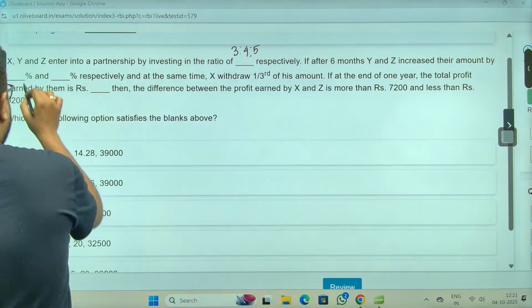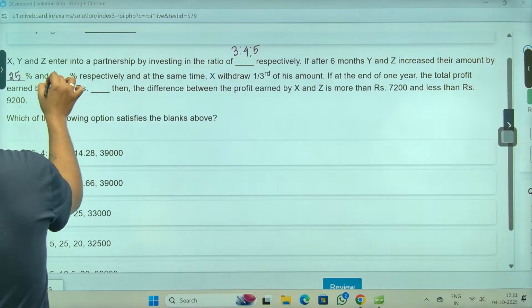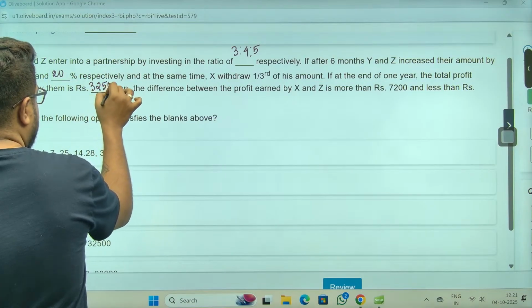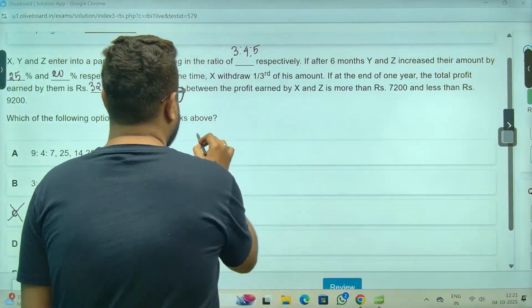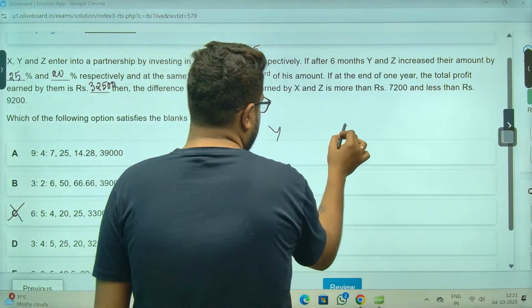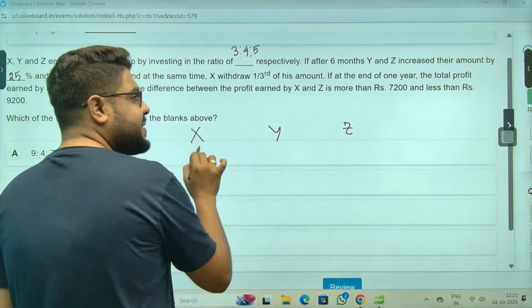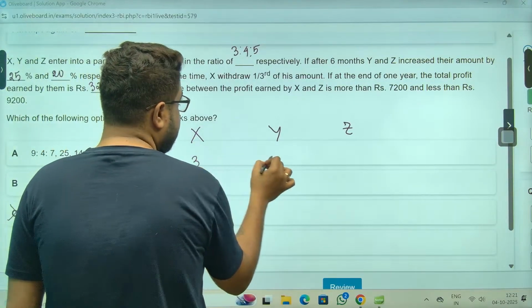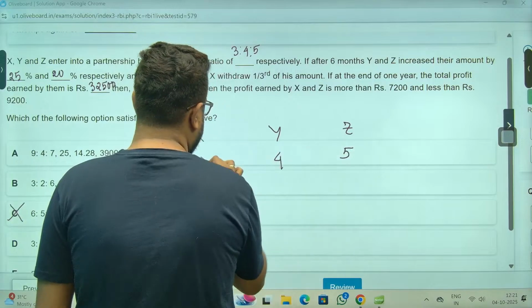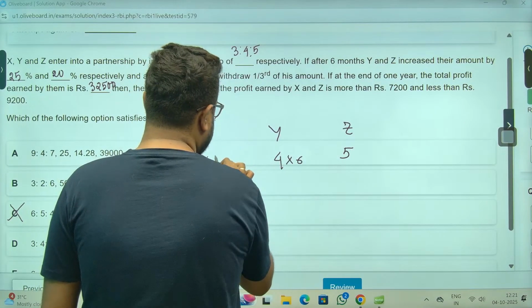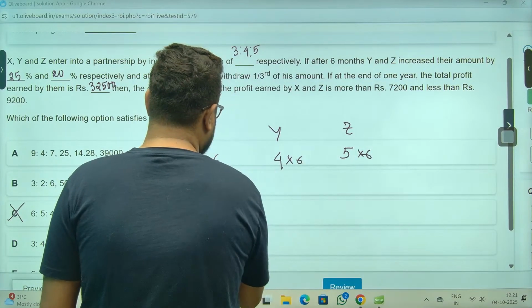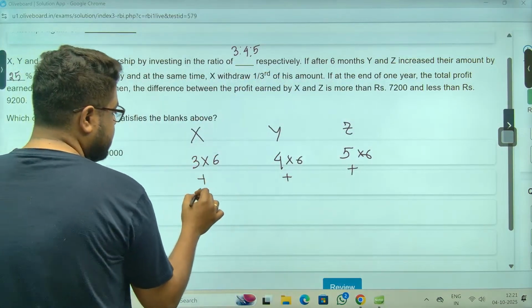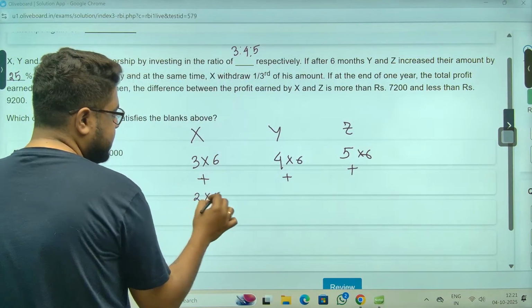Okay, sir. 25, 20. And this is 32,500. Oh my god, how much calculation it will make us do. Chalo, what can we do. This question is very lengthy because you have to check every bit. Sir, everything will be there for 6 months, then the change will happen. C will withdraw 1/3, so it will be 2 rupees for the next 6 months.